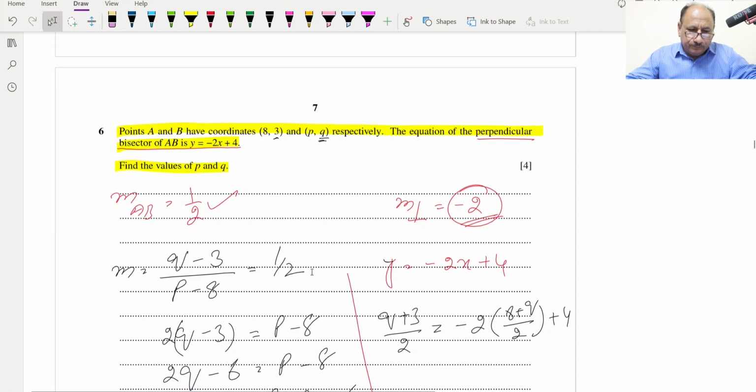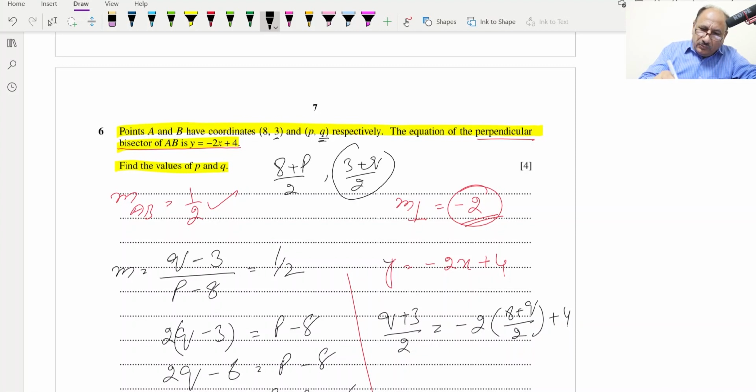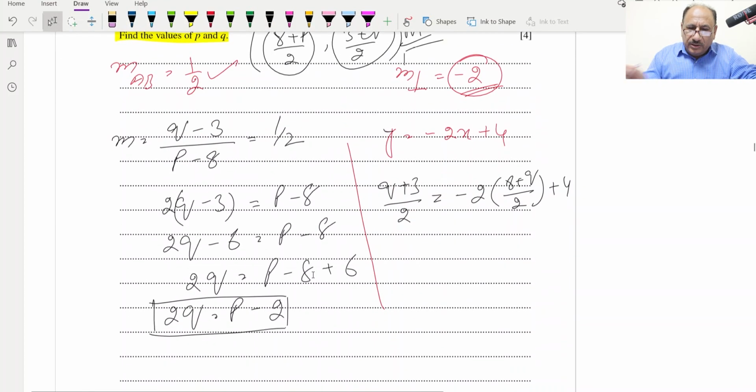So this is basically x, and this is the midpoint. We have taken the midpoint (8 + p)/2 and (3 + q)/2. This is the y value and this is the x value; these are the coordinates of the midpoint.